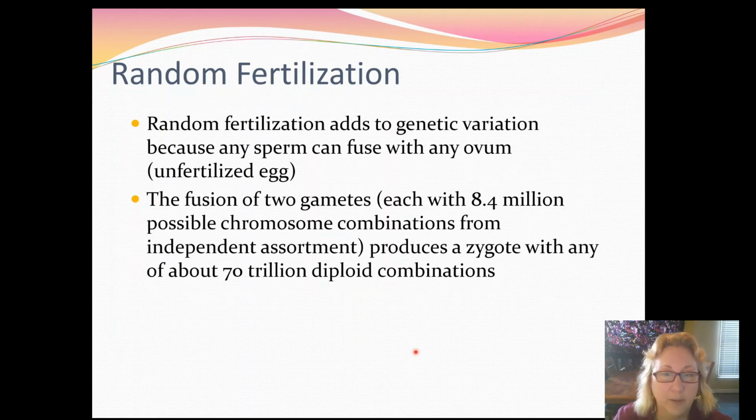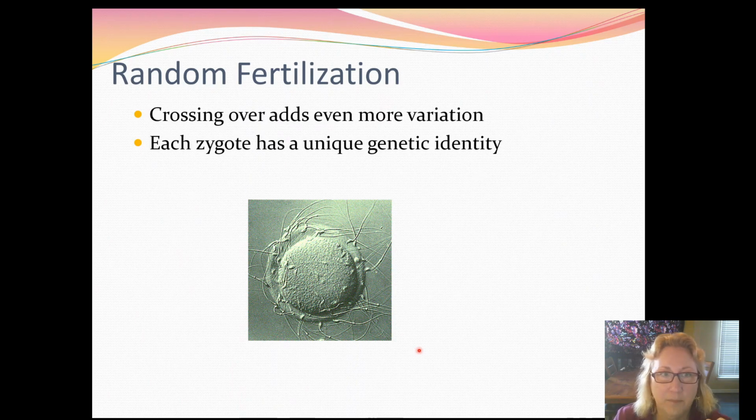Now, you probably do know that there are humans that are genetically identical, but they didn't come from 2 separate fertilization events. So for species that have sexual reproduction, what all this means is that each zygote is going to have a unique genetic identity. And this must be a huge advantage in evolutionary terms, because it has been selected for and maintained by natural selection.